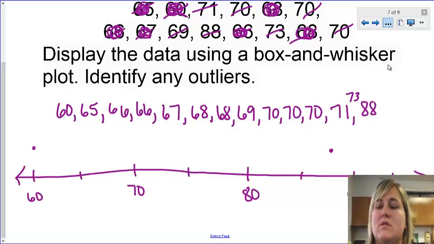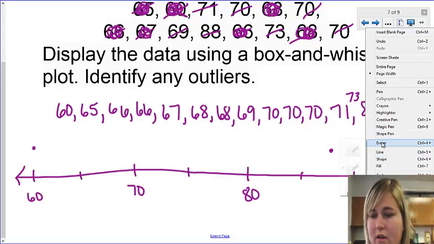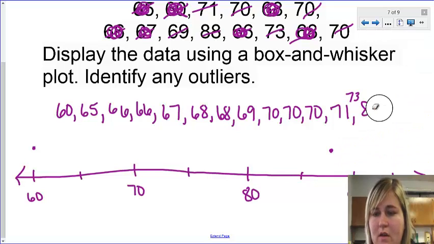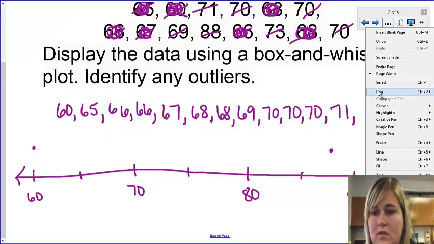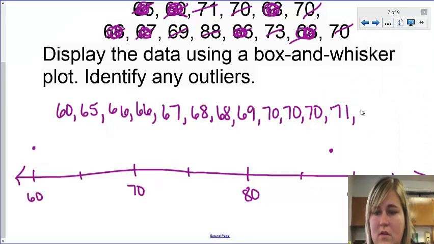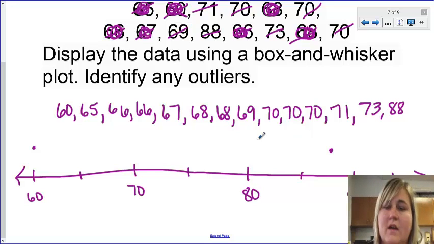Well, let's just erase it and make it look right, shall we? Alright, so we have 73 and then 88. Now, see, that's why you always check. Even I make crazy mistakes like that, okay? So always check to make sure you have all the numbers, because if you don't, it's going to throw off your answer.